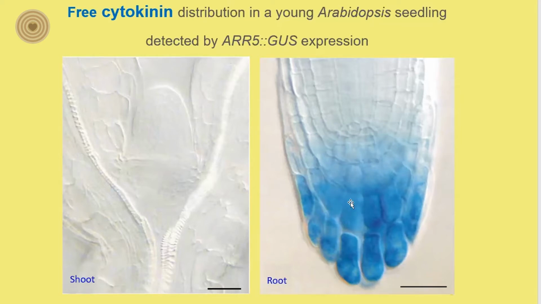Cytokinin that is produced in the tip moves upward in the vascular system. It is concentrated in the cambium, promotes cell divisions, and the cambium produces more cells, and from these cells, other signals induce the vascular tissue, the wood, and the phloem.